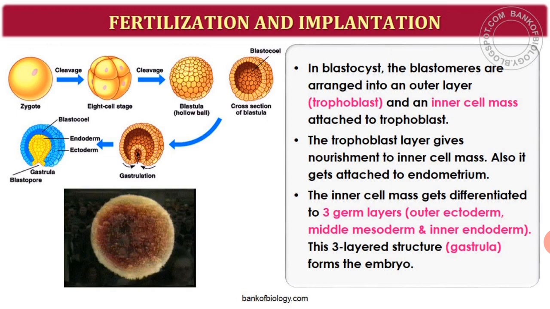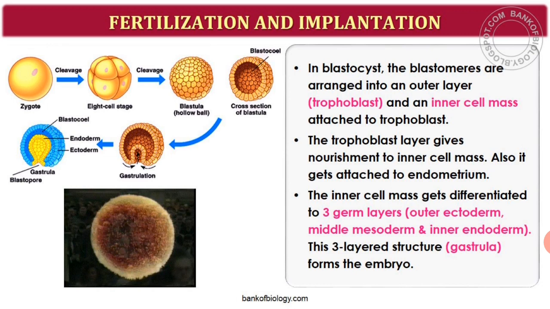Here in this diagram they have shown you the further part. Before that, let me tell you, the cells of the trophoblast contain certain proteolytic enzymes which will dissolve a small portion of the endometrium and make a depression, and the blastocyst will get buried in it.